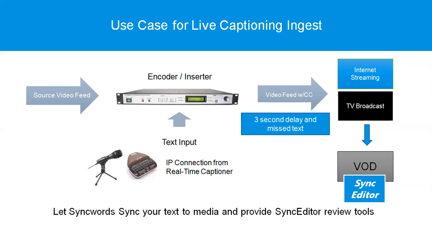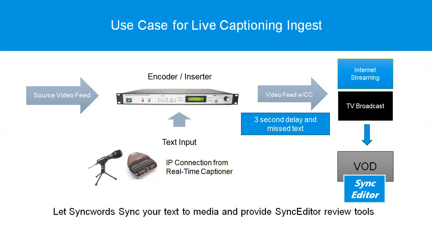However, the text from that feed, because it's live, is a little delayed. All right, there's 3 seconds delay, typically, sometimes 4 seconds, depending on the captioner. And there may be some text that's missing from that. So if you do this workflow and then you ingest that live programming and you're going to repurpose it for VOD, that's where SyncEditor can help.